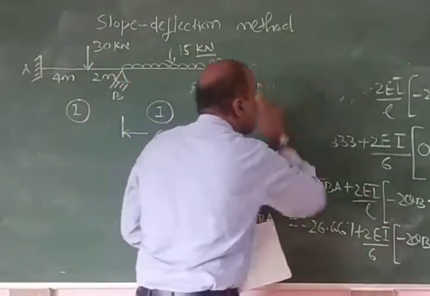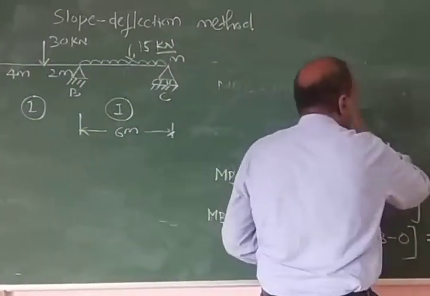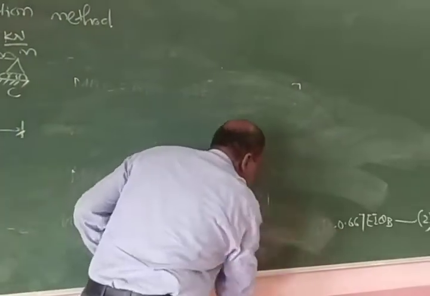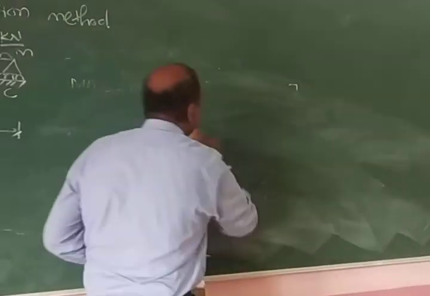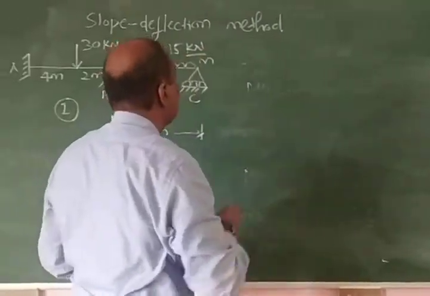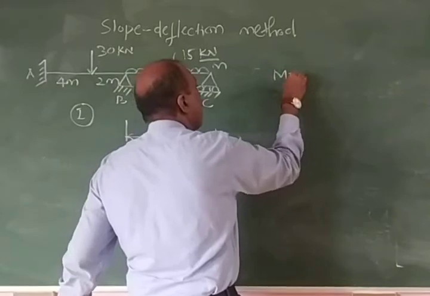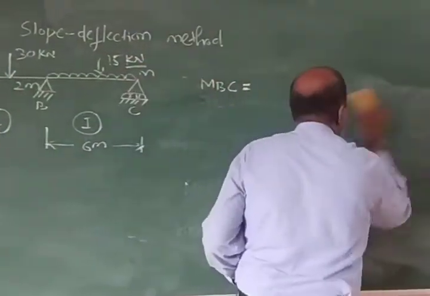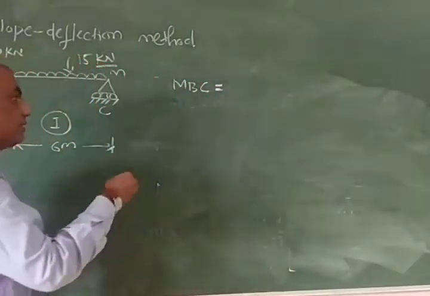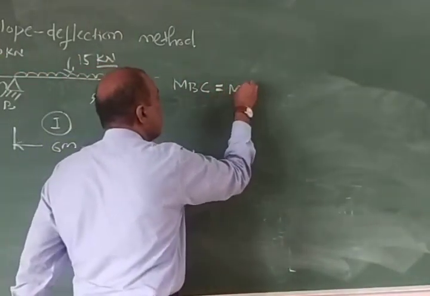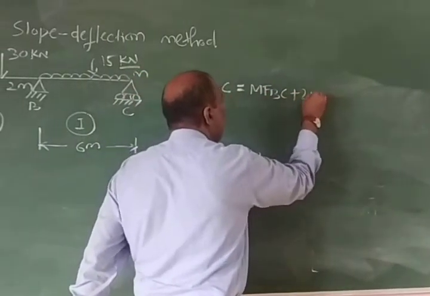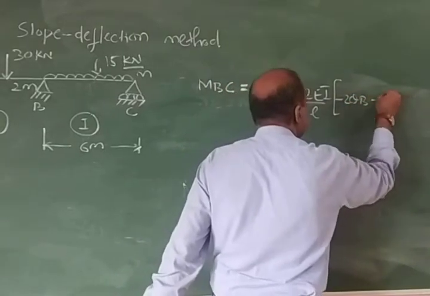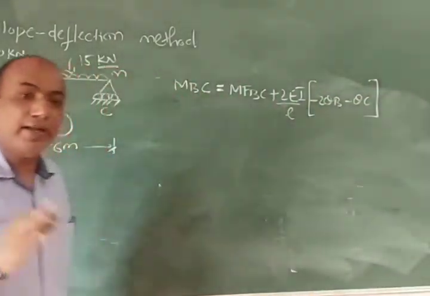Now similarly, I should quickly write another two equations for member BC. So let me do it here quickly. MBC is equal to, what is the formula? MFBC plus 2EI upon L minus 2 theta B minus theta C. You need not always write the formula, you can directly substitute.